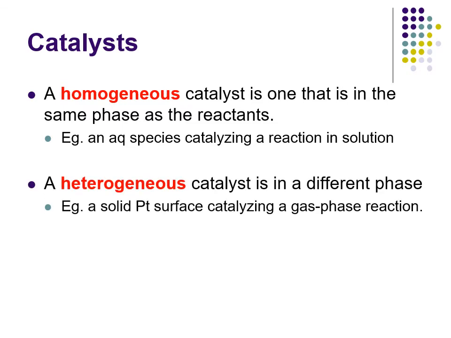A heterogeneous catalyst would be a different one. So if you're driving around in a gas-fueled car still, the gas is being burnt and the emissions run through a catalyst. The emissions are a gas themselves, but the catalyst that we use to make them a little less harmful is a solid, and so that would be an example of a heterogeneous catalyst.